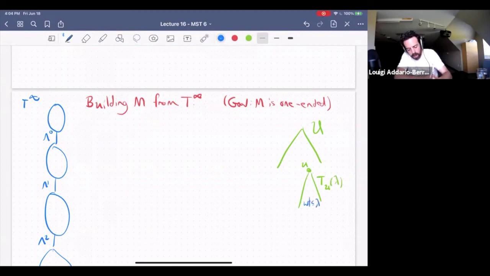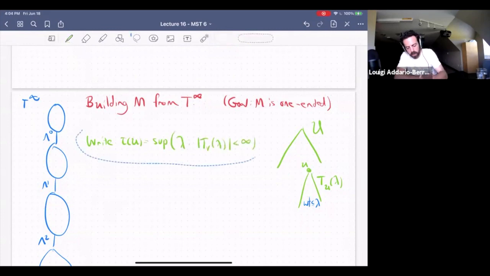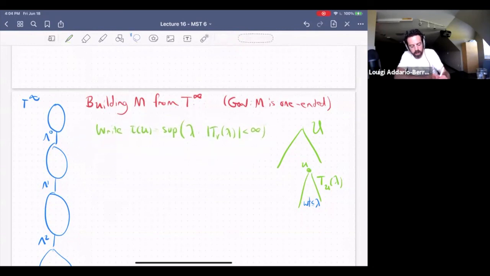Let me write tau of U for the largest value lambda for which this tree is finite. This is an important parameter for understanding how T infinity lies within M.